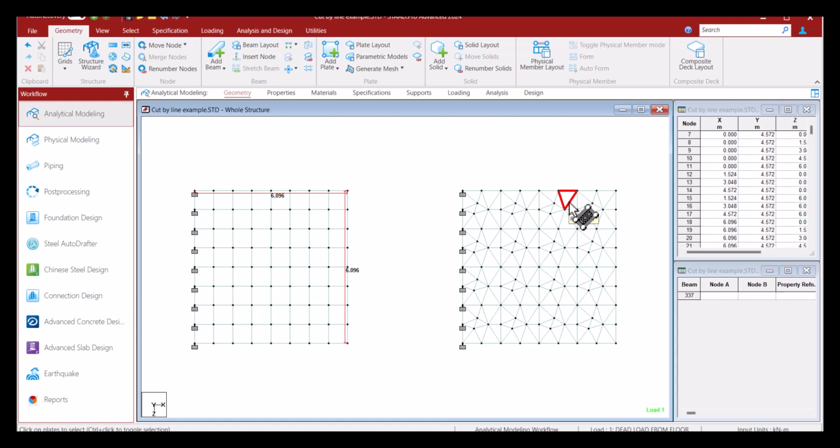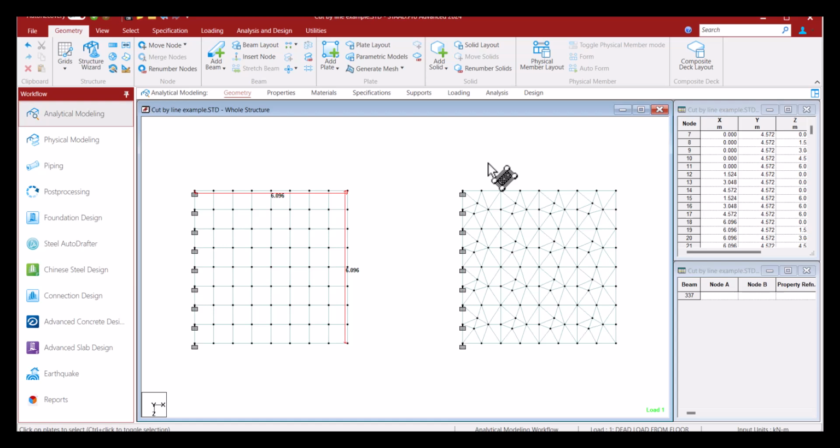Now the idea is to compare how we can benefit from the cut along line feature even if it is not a well-defined square, if it has some irregular pattern of meshing, having a different direction or the different direction of your requirement, it doesn't matter. It can really help you in different kinds of engineering requirements.